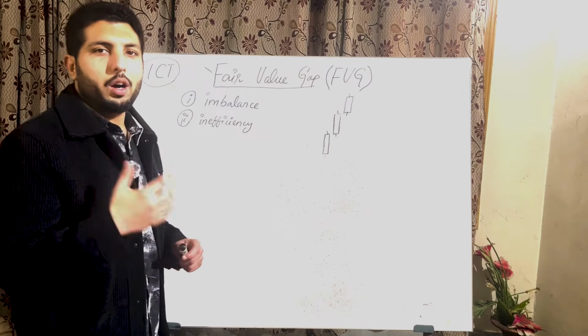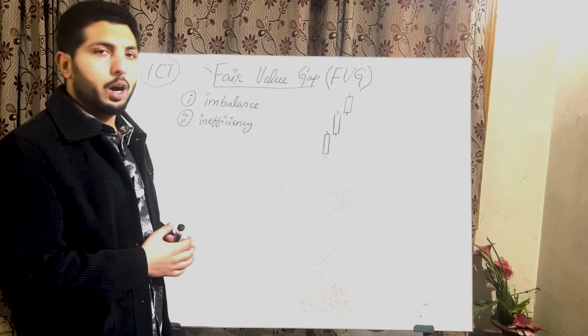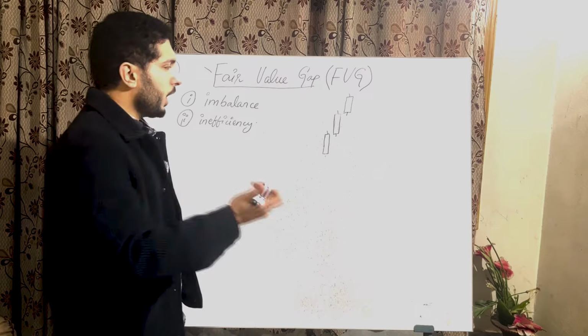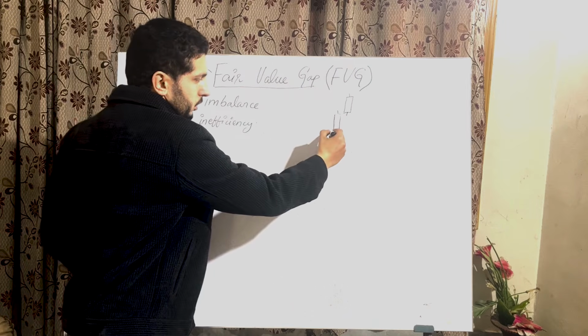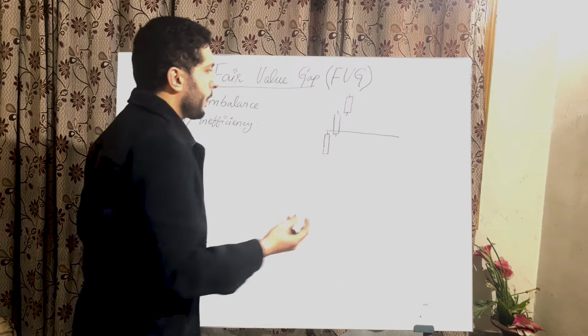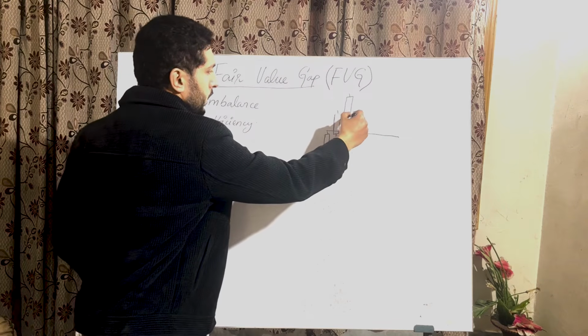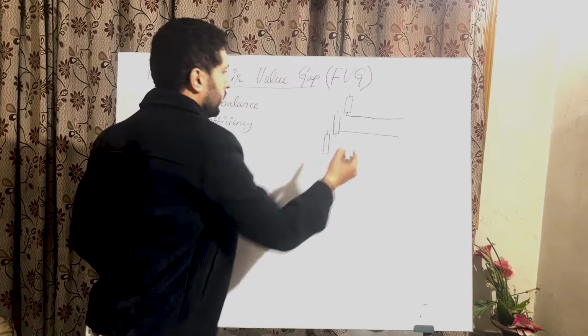How we draw a fair value gap is that we take the high of the first candle, which is this one, and we take the low of the third candle, which is this one in this case.